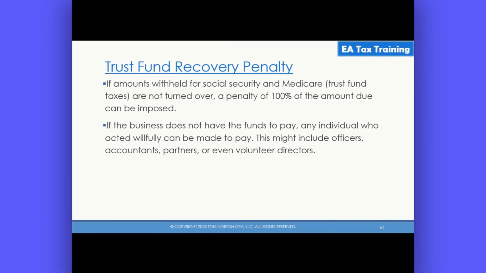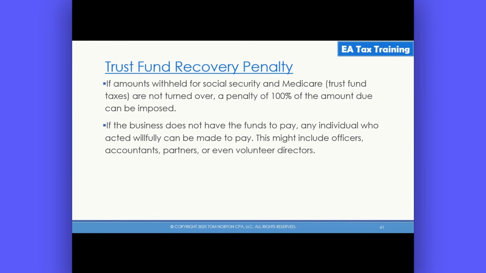Trust fund recovery penalty. If the amounts that are withheld from your employees for Social Security and Medicare, those are called trust fund taxes, are not turned over to the IRS, a penalty of 100% of the amount due can be imposed.